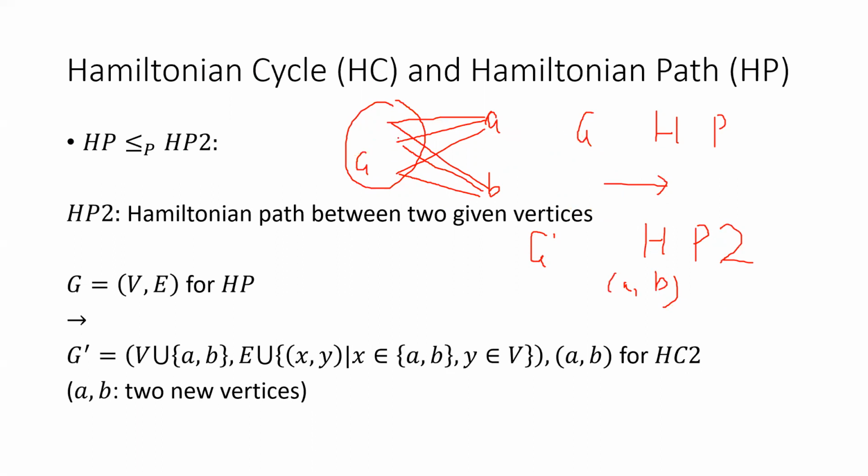If G has a Hamiltonian path, starting from U and ending at V, then because A and B are connected to every vertex in G, you can add A here and B here, and this is exactly what we want. So G prime has a Hamiltonian path between A and B. For the opposite direction, if there is such a Hamiltonian path between A and B, then we just need to delete them to get the HP for G. So we complete the proof.